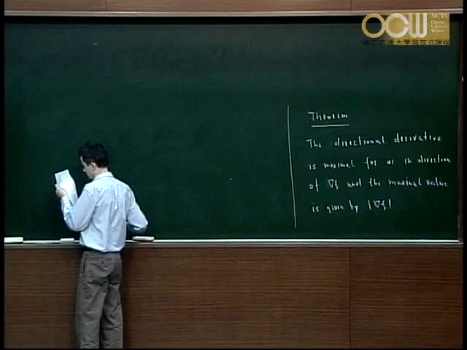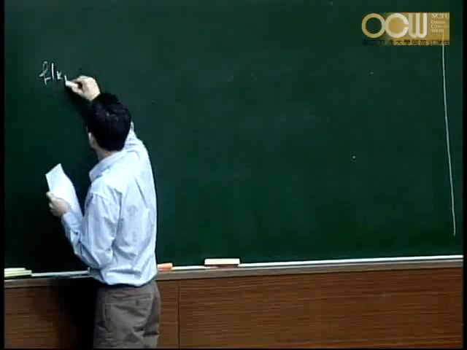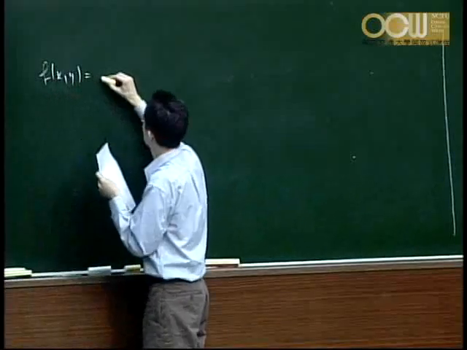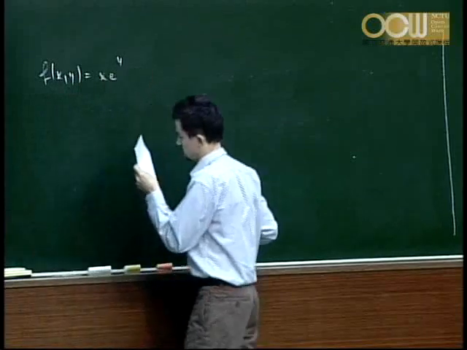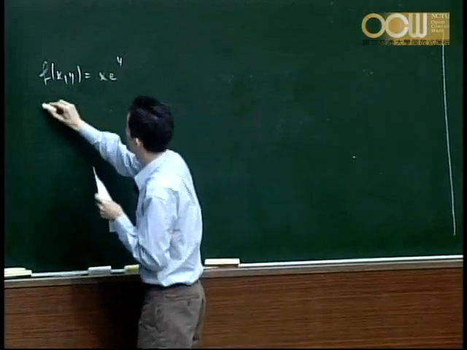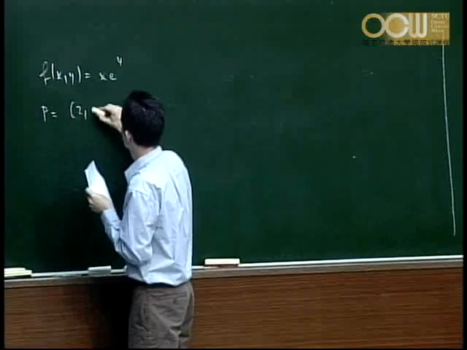So what you have given is the function f(x,y) = x e^y, and we look at the point (2, 0).